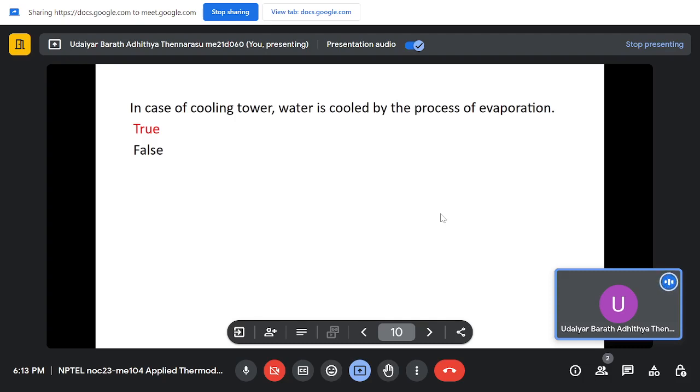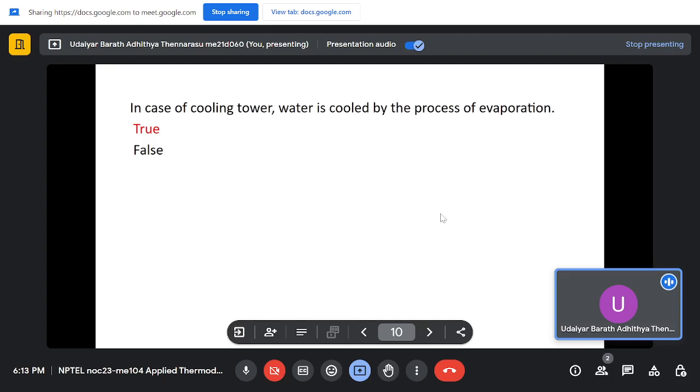The high temperature water will be sprayed over, and from the bottom you will pass air. When the water comes in contact with air, some of the water will evaporate, and in the process that evaporation will take heat from the water droplet itself and bring down the temperature of the water.